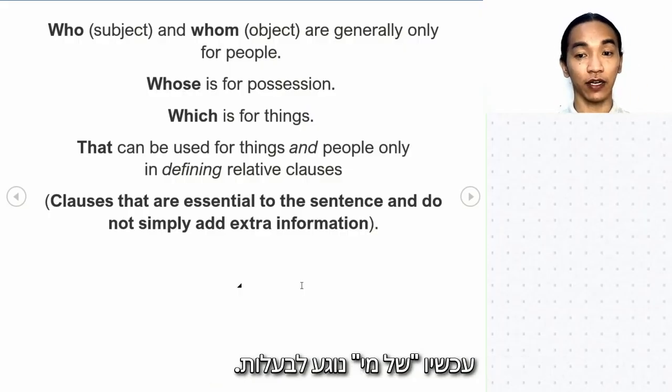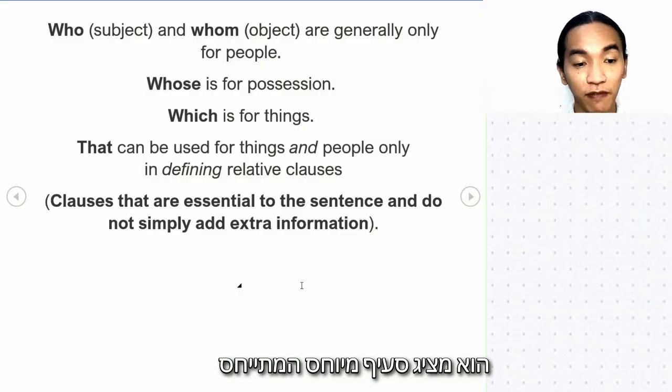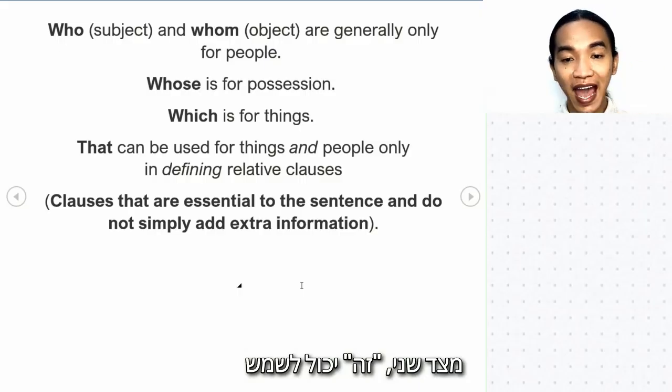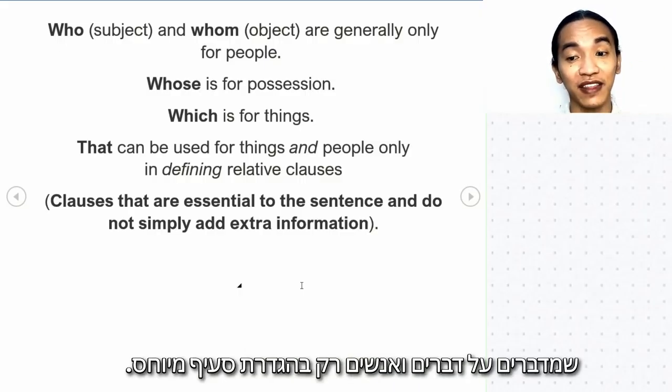Whose is for possession. It introduces a relative clause relating to a possession, and which is for things. On the other hand, that can be used for things and people only in a defining relative clause.